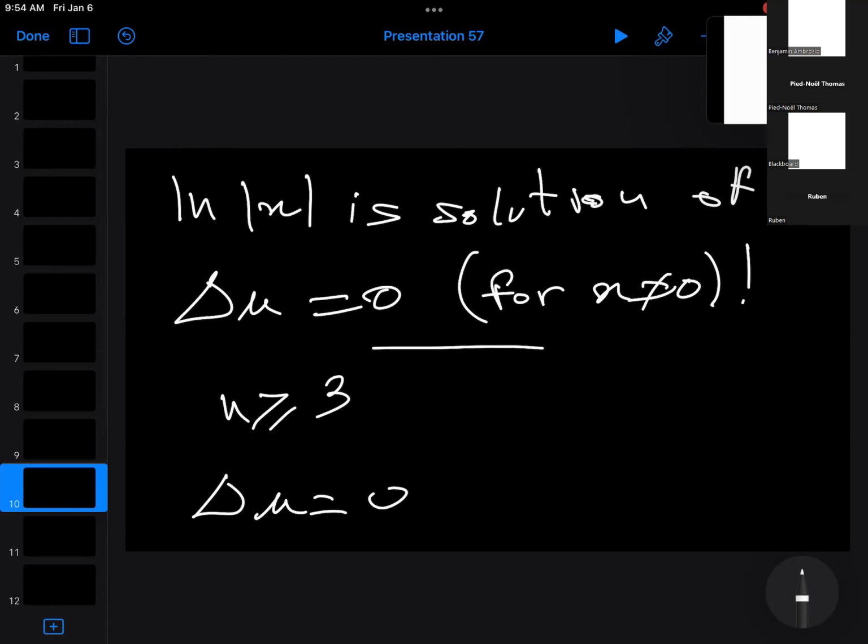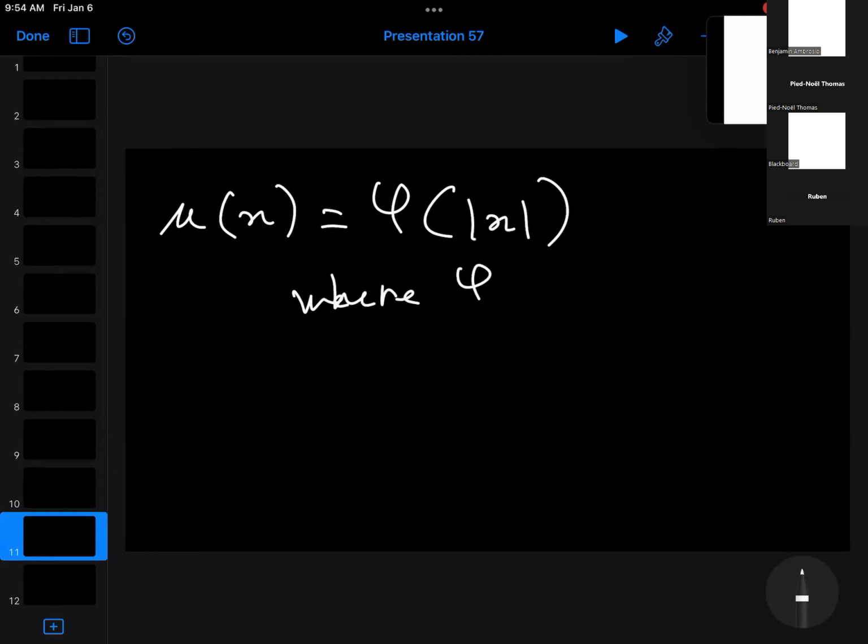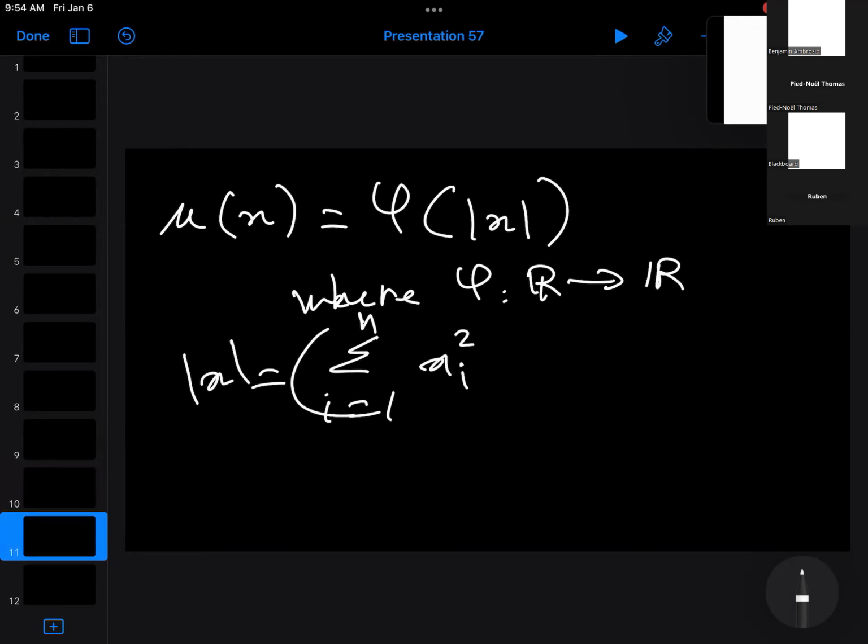I would like to find a function such that u of x equals some phi of the norm of x, where phi is a function defined from R to R, and the norm of x is the square root of the sum from i equals 1 to n of xi square, the usual Euclidean norm in Rn.